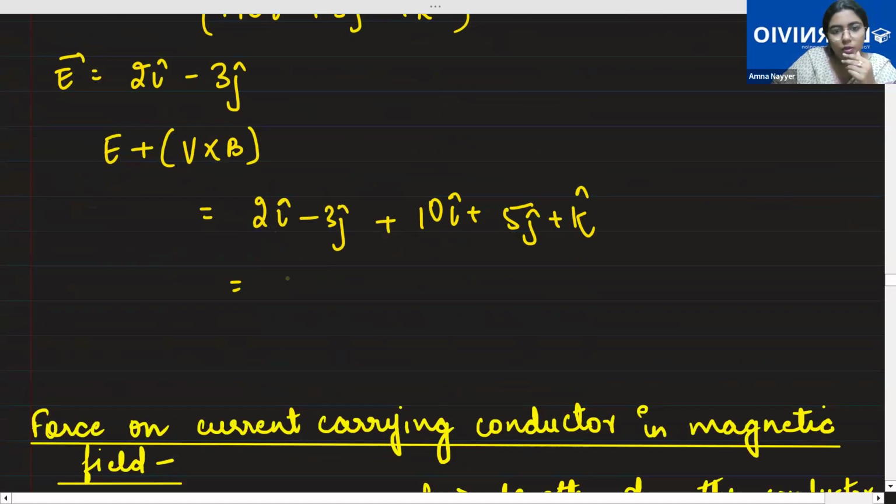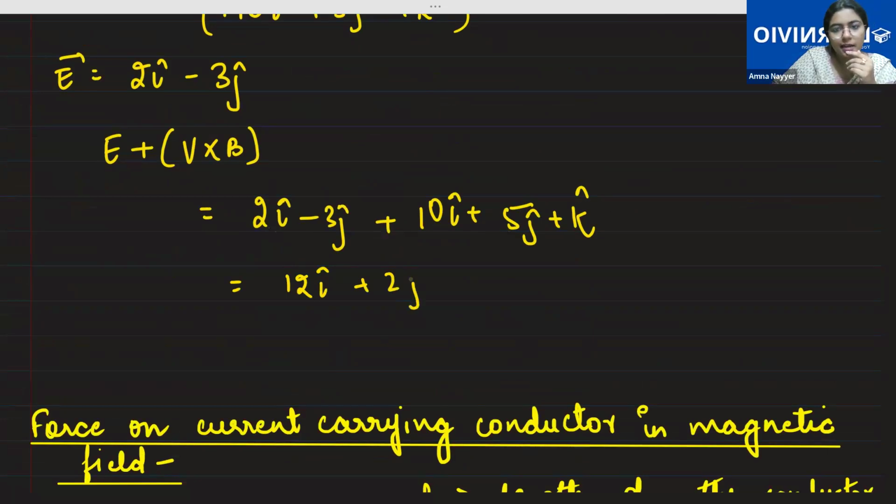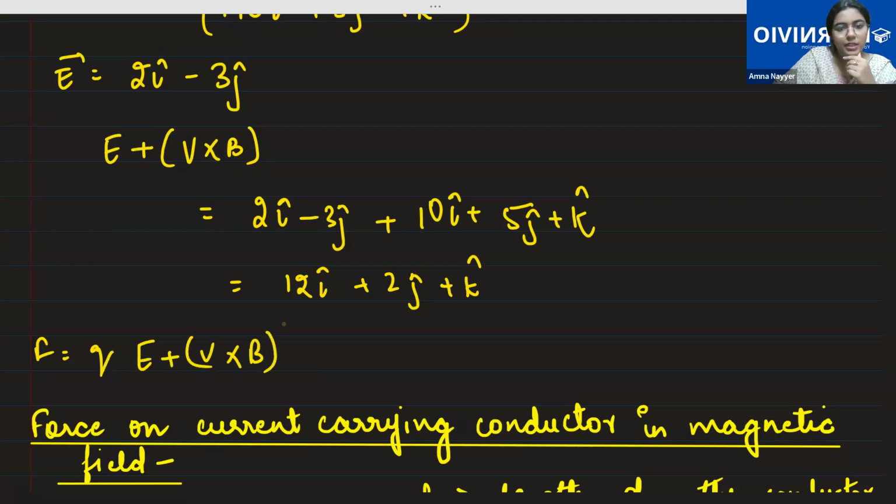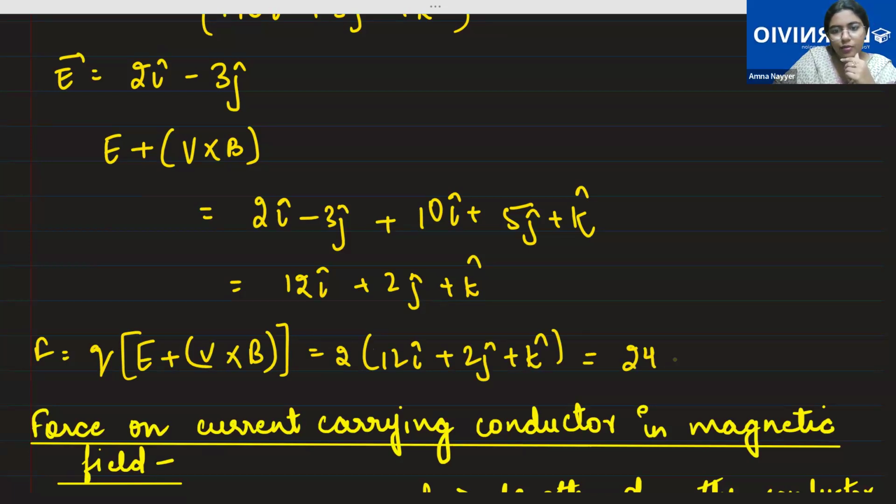So this will be 12 i cap plus 2 j cap plus k cap. Finally, the net force is charge multiplied by (E plus V cross B). So that is 2 into (12 i cap plus 2 j cap plus k cap), which is equal to 24 i cap plus 4 j cap plus 2 k cap. Finally, this much Newton will be the answer.